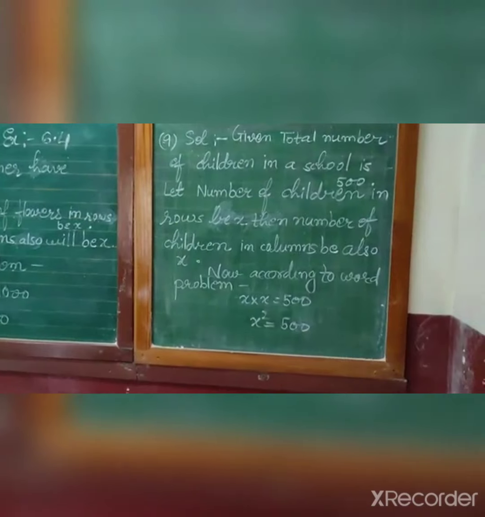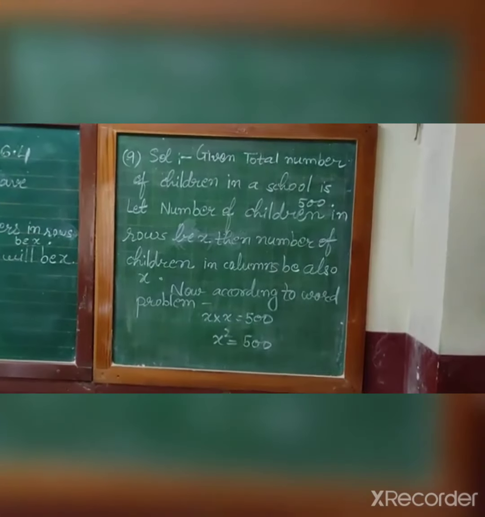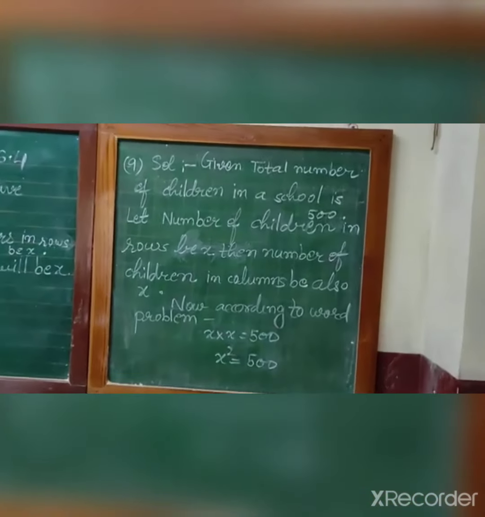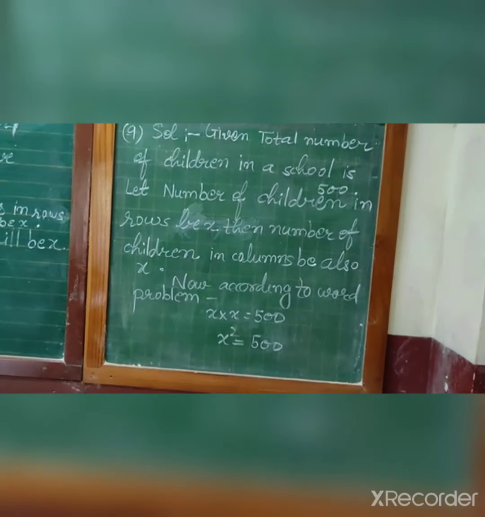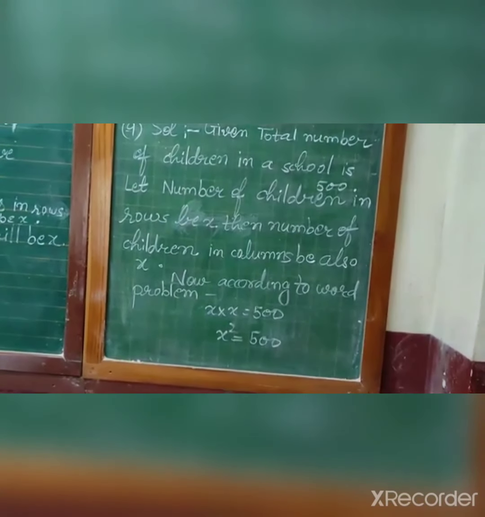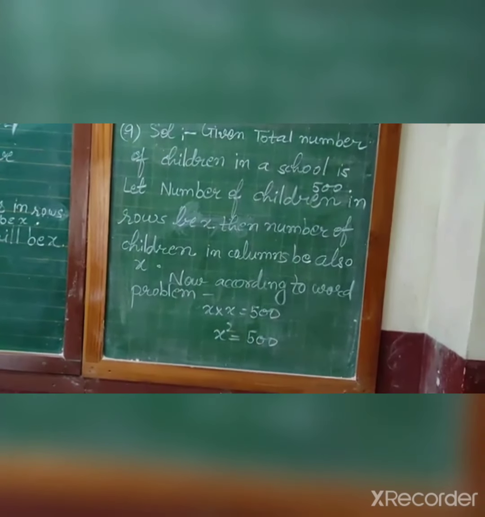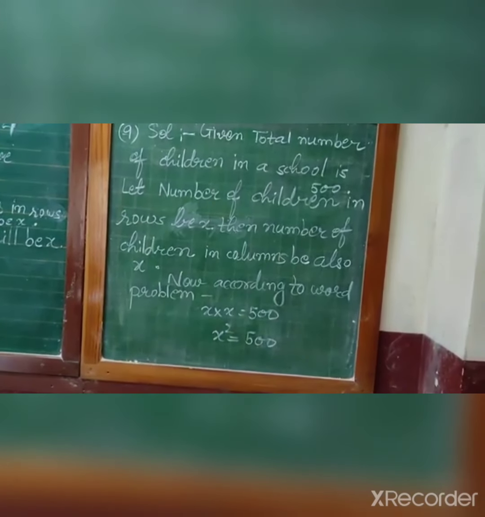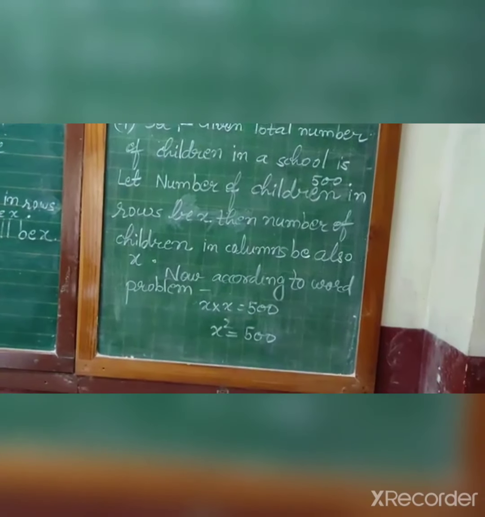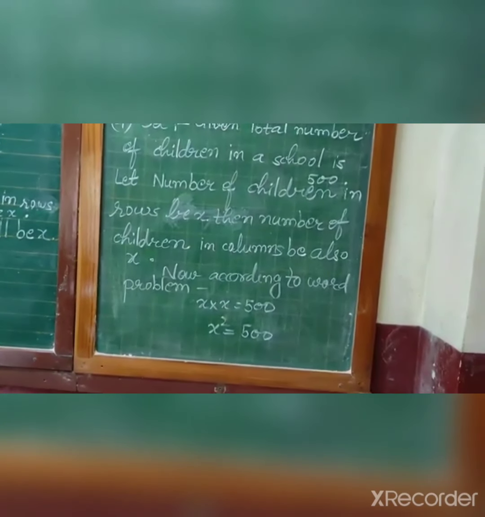When you find the square root of 500 by the division method, whatever remainder you get at the end, that much remainder is the number left, because it is clearly written here how many would be left. So you can write that this many will be left.